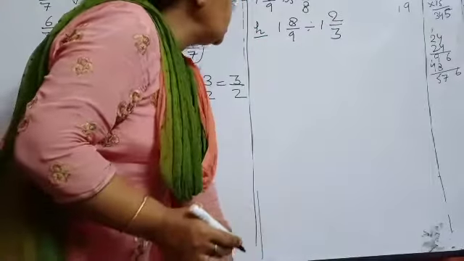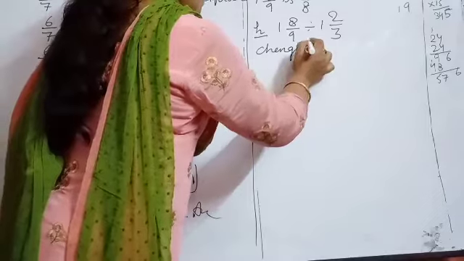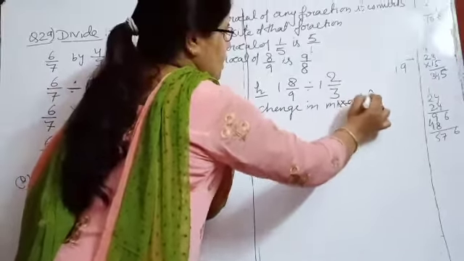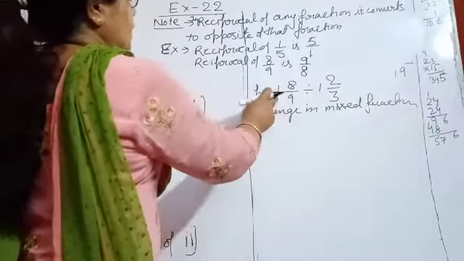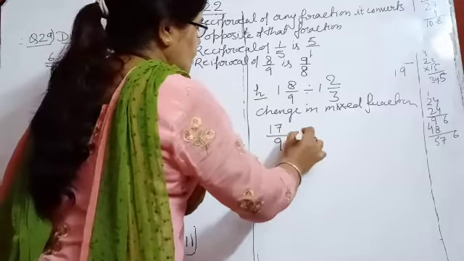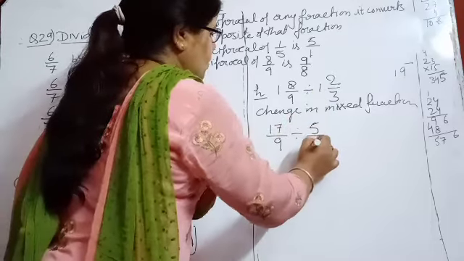First step will be to change it into an improper fraction. So 9 ones are 9, 9 plus 8 is 17. 17/9 divided by 3 ones are 3, 3 plus 2 is 5. 5/3.